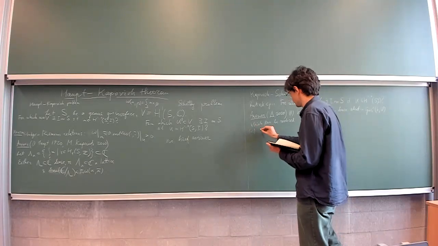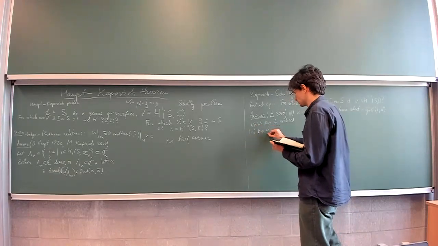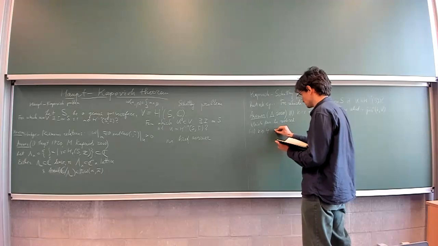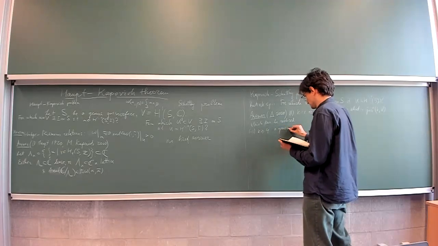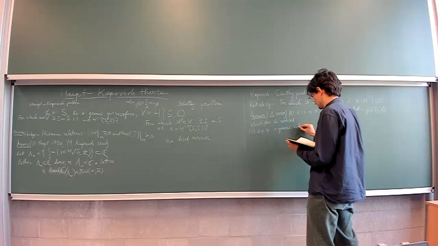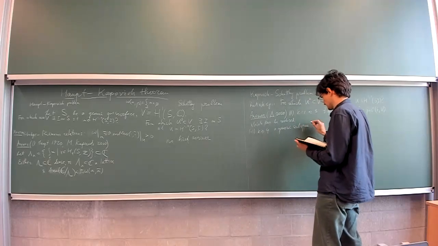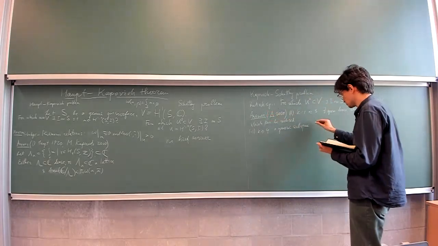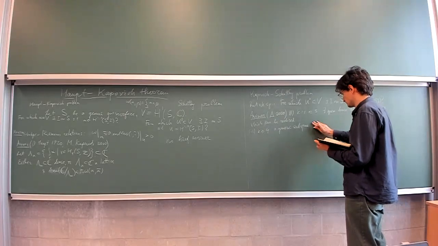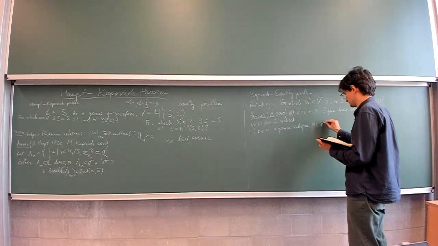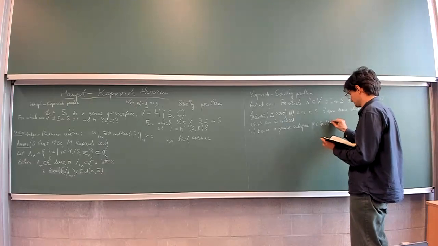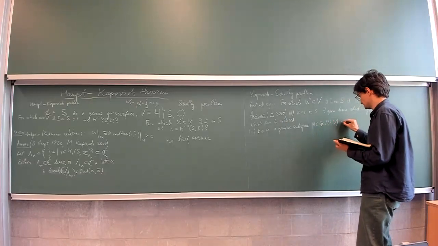Whereas for k greater or equal to 4, the generic subspace, subject to Riemann relations of course, cannot be realized.